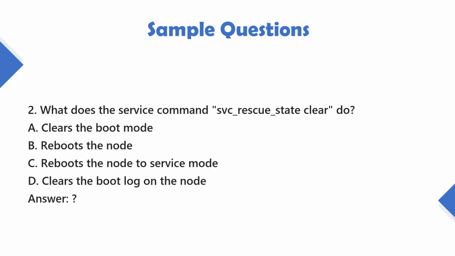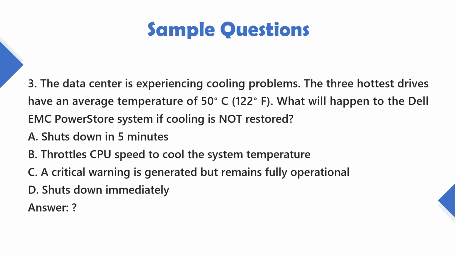2. What does the service command, svc_rescue_state clear, do? A. Clears the boot mode. B. Reboots the node. C. Reboots the node to service mode. D. Clears the boot log on the node. 3. The data center is experiencing cooling problems.